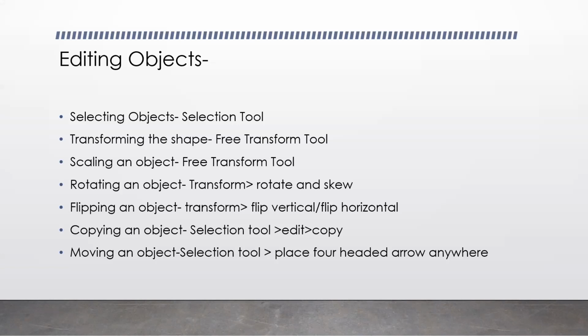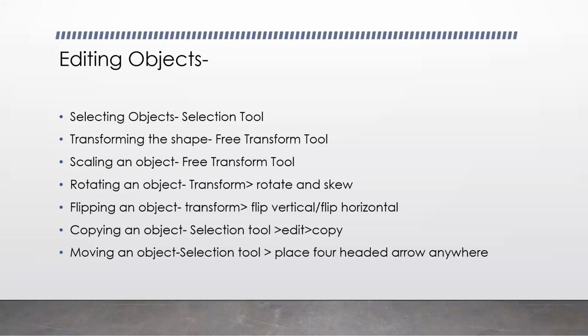For this, you click on the selection tool, then click on edit and then copy. For moving, that means cut and paste, you use the selection tool, and then there will be a four-headed arrow. When this four-headed arrow appears, you can hold your object anywhere, drag it and place it. In this way, that object will be moved.